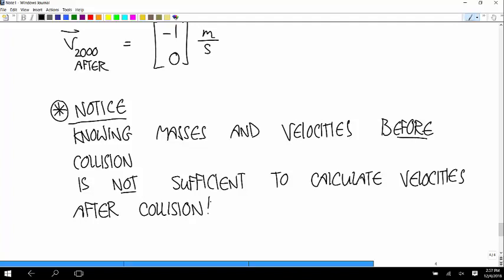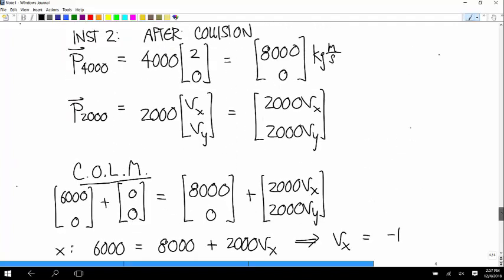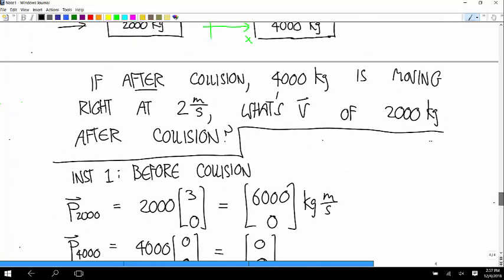I mean, that's sort of what we just did in this example problem, but notice that we had additional information besides just the velocities and the masses before. We also had to know something about the 4,000 kilogram train car after the collision. Okay.